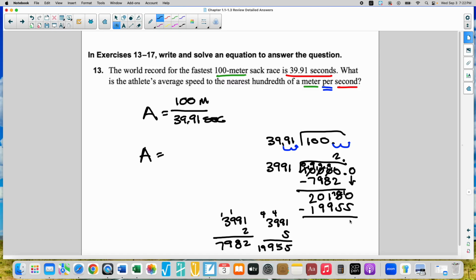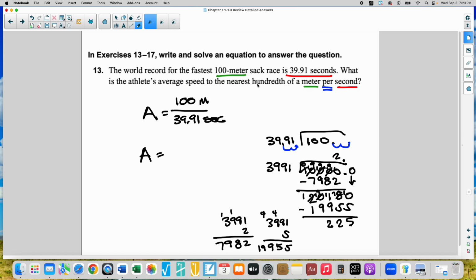Got to borrow. 5 from 10 is 5. 5 from 7 is 2. 9 from 1, you can't take it from 0. So we got to borrow from the 2 to make the 0, 10. And now I can borrow from 10 to make 9. And that becomes 11. 9 from 11 is 2. 9 from 9 is 0. 1 from 1 is 0. So I'm left with 225. Does it say to round?